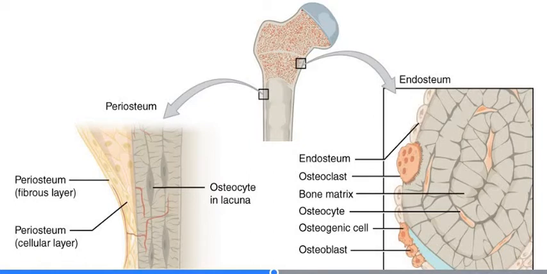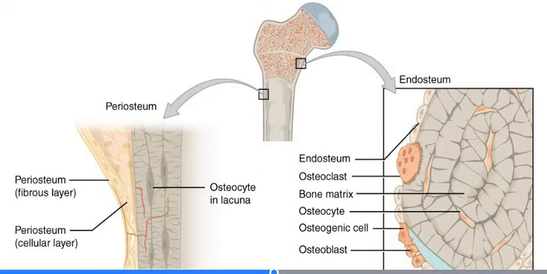This picture, along with the previous one, show where those cells are found within the bone tissue in a bone. The osteoblasts and osteoclasts, as well as the osteogenic cells, are found along the edge of the bone tissue, on the inside spaces within the spongy bone or the inside surface of the compact bone wall of the diaphysis.